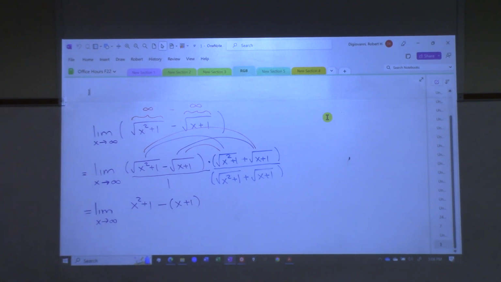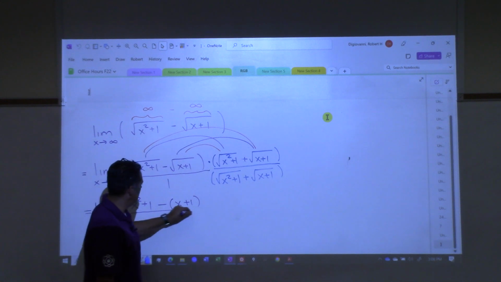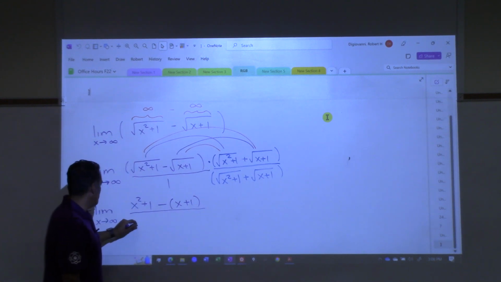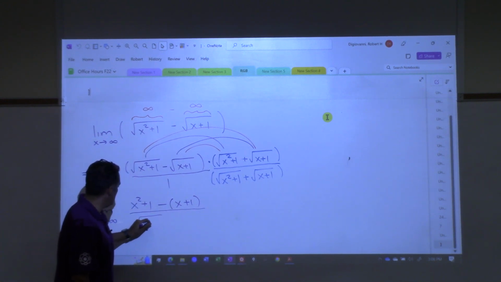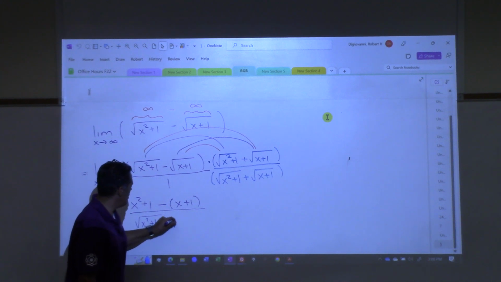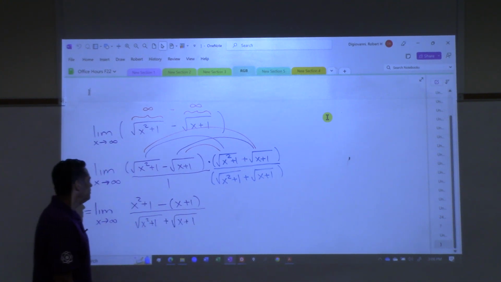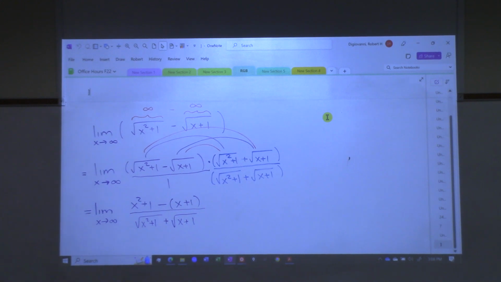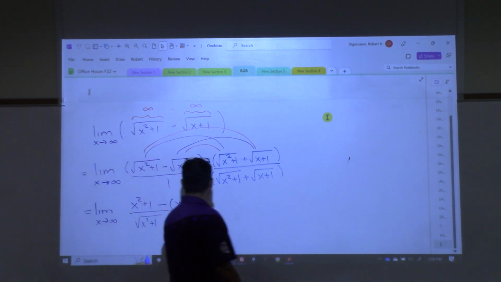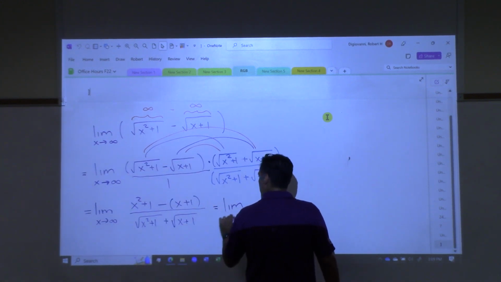So that numerator is actually pretty nice, yeah? And my denominator is whatever it is: square root of x squared plus 1 plus square root of x plus 1, like that. Are we getting infinity over infinity now? Let's clean it up. Limit as x goes to infinity.